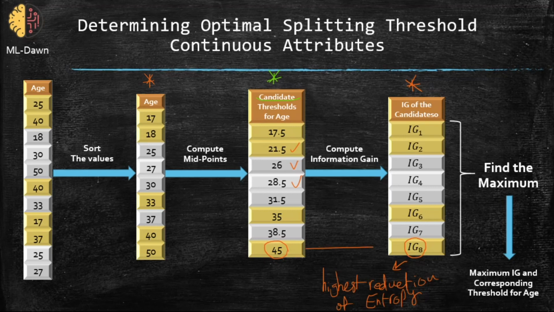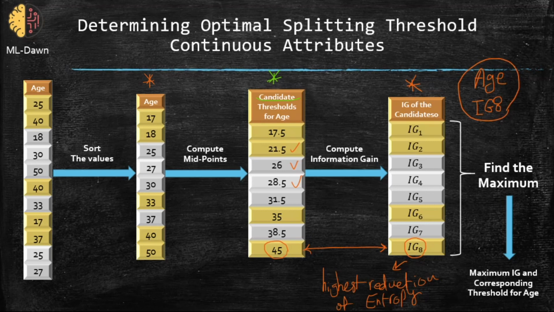So these are a pair. Remember, these two are a pair. So then what the decision tree knows is that if it chooses age for the splitting, the best information gain that it can get out of it is the value of information gain 8. Okay? So this is the quality of the attribute age.